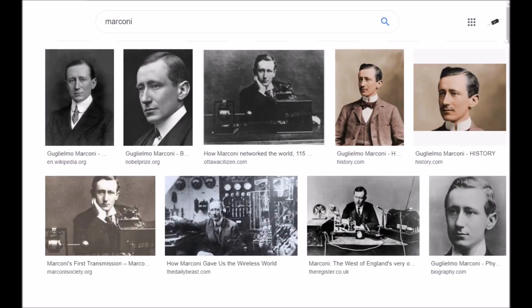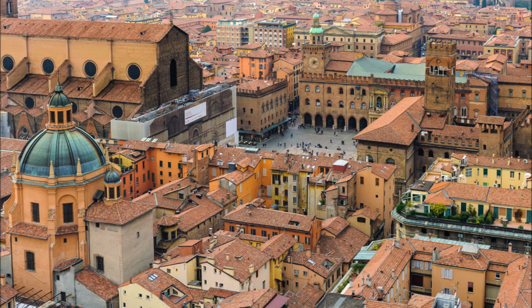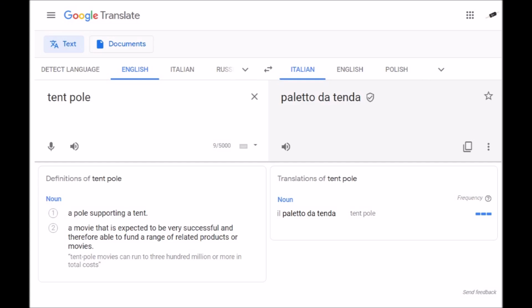In the summer of 1895, Marconi began testing his wireless systems outdoors on his father's estate near Bologna, and soon began to experiment with long wire aerials suspended from a pole. In Italian, a tent pole is known as l'antenna centrale, and the pole with the wire was simply called l'antenna.